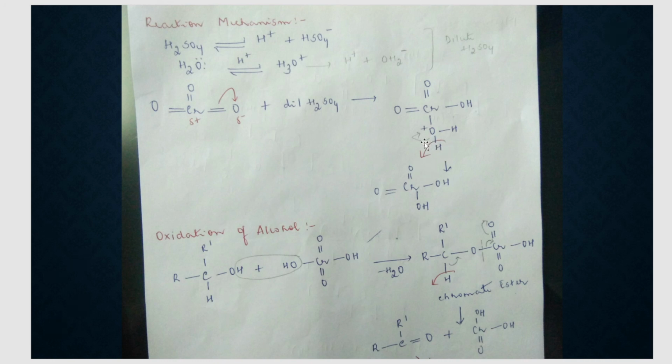So this bond pair of electrons will shift onto oxygen, so the plus charge on it is gone. So now we have chromium, double bond O, OH, and one more OH.